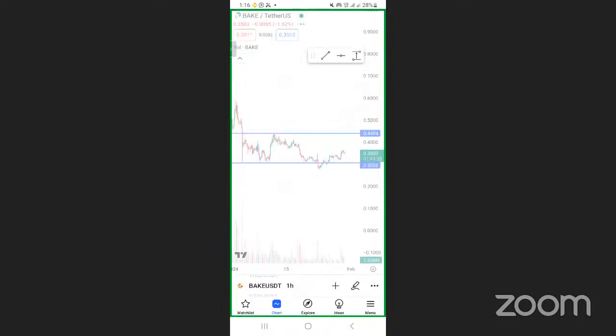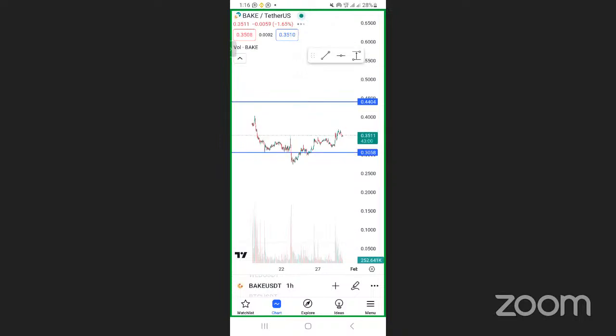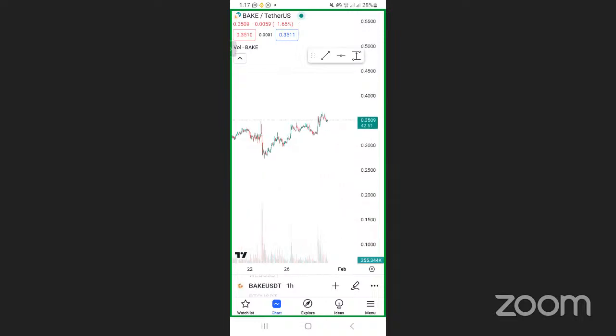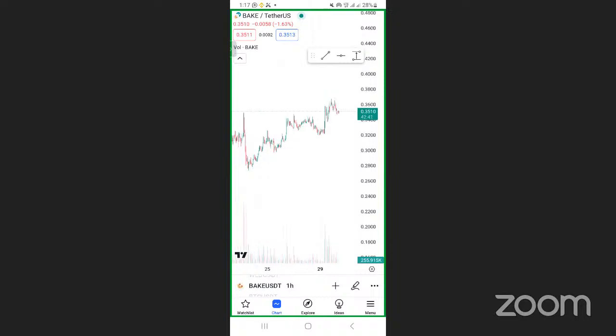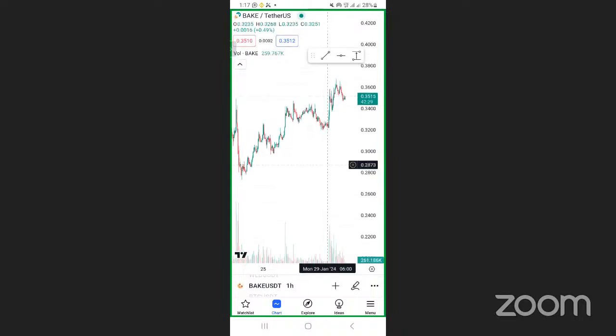So what's happening with BECK on the 1 hour chart? When you look at this, what comes to your mind? What is BECK doing? Yeah, it's trending upward at 1 hour.